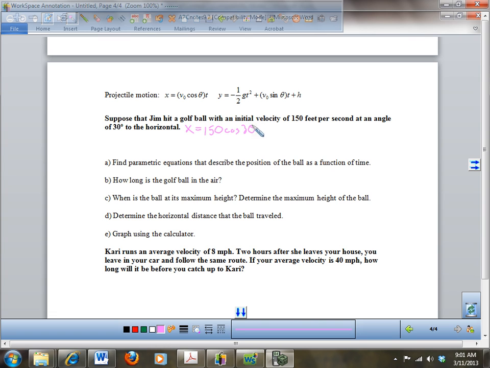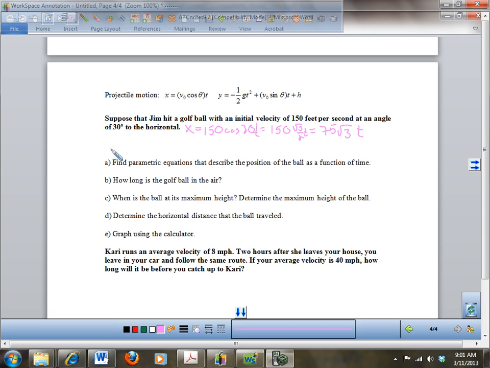And cosine of 30 is square root of 3 over 2. So x is equal, whoops, I forgot a variable, t, right? So that's equal to 75 root of 3 t. That is your horizontal component of him hitting the golf ball.